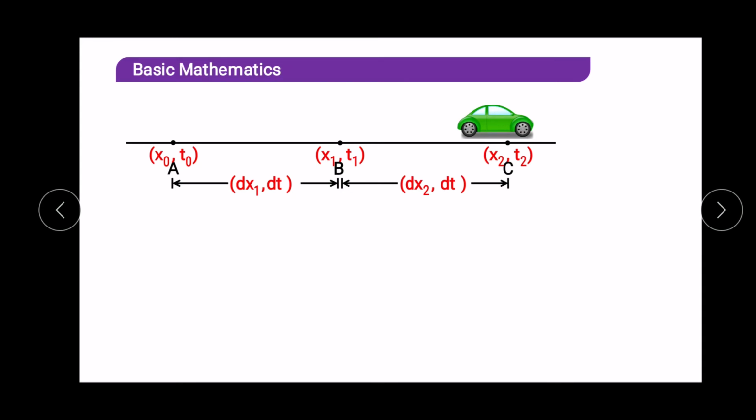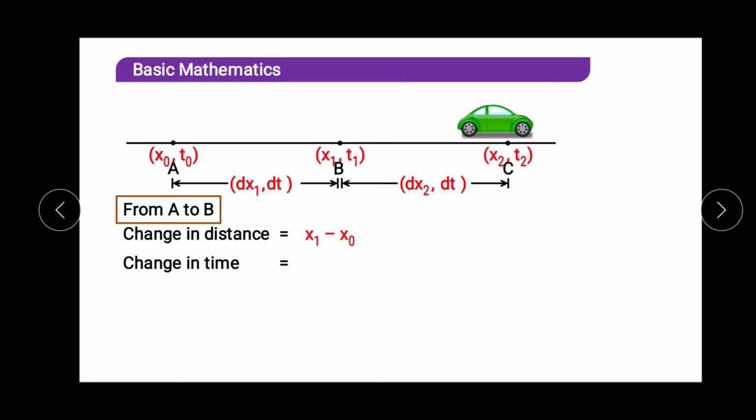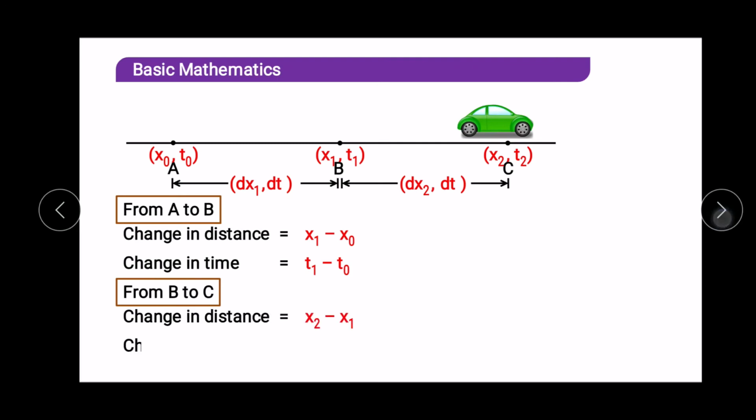If we divide x2 minus x1 upon t2 minus t1, we will get the speed of the car between B and C. Again this will be the average speed. From A to B we get change in distance x1 minus x0, change in time t1 minus t0. From B to C we get change in distance x2 minus x1 and change in time t2 minus t1.